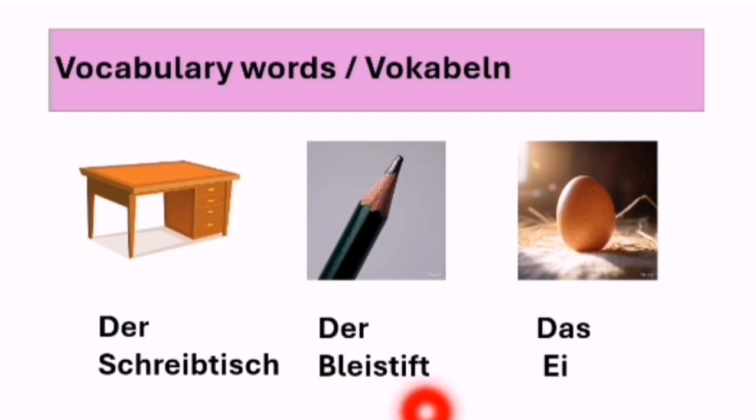Bleistift with a capital letter, and Ei is also a capital letter, as it is the first word here, okay? Otherwise, you should write "der" with a small letter, and Schreibtisch. Schreibtisch is a noun, so you should write it with a capital letter. This is the rule in German writing.